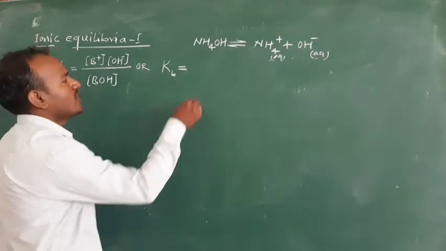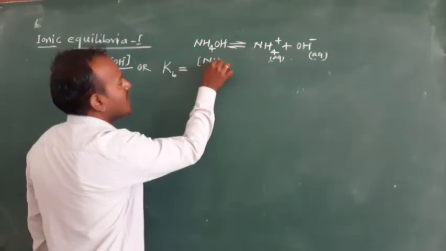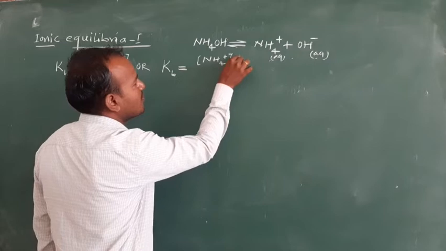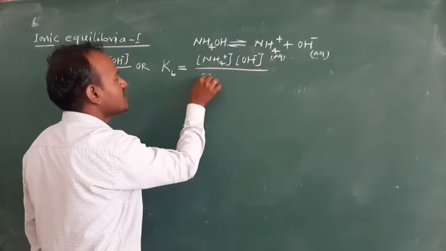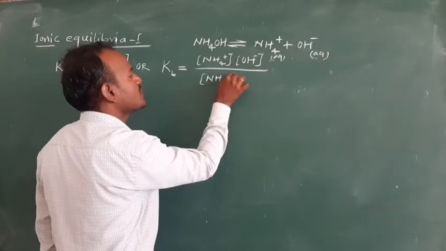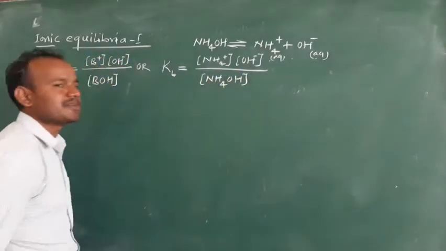So we have written the concentration of NH4 plus, the equilibrium concentration of OH minus, and NH4OH. So this is the applicability of that particular formula.